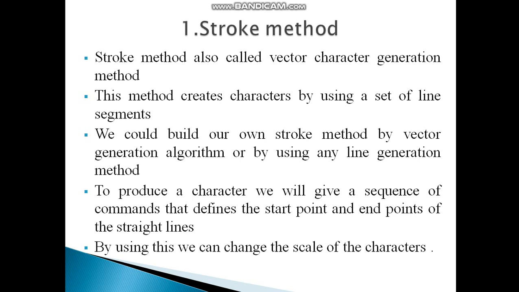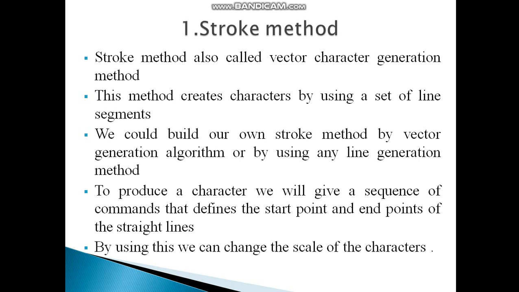So here we use some inbuilt function of our compiler, that is put pixel, set color, font, change the font size. By using that function, we draw a line or line segment, and by using line segments create a character like A, B and so on.